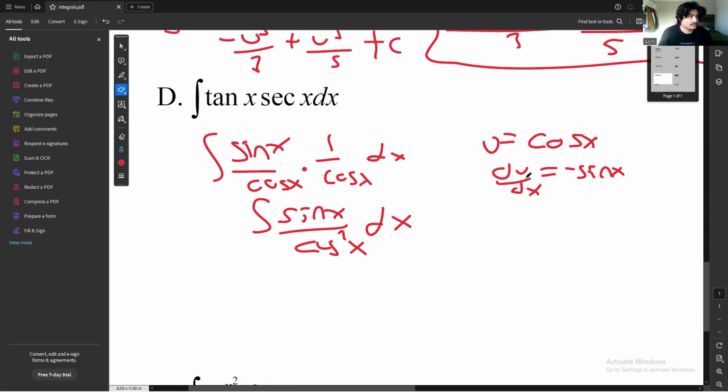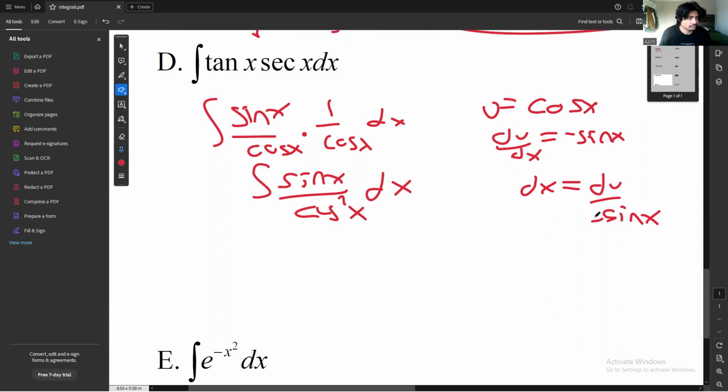If I want to solve for dx, because I'm going to plug in for dx in this case, unlike the other one, I end up with dx is equal to du over negative sine x. Basic algebra.